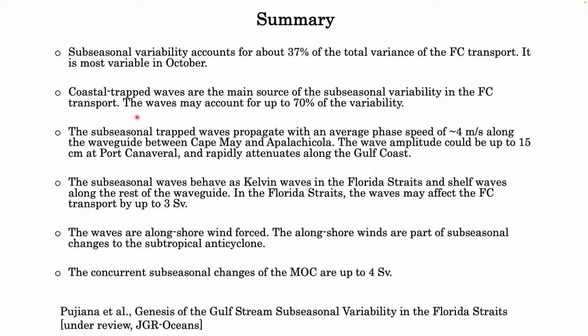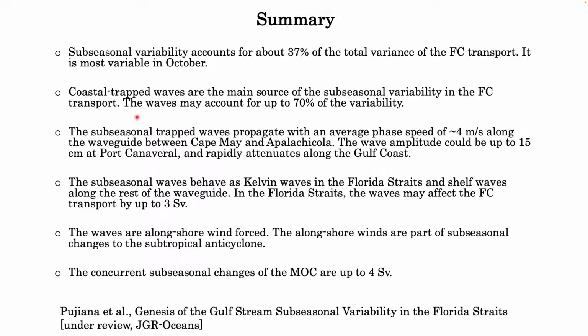So in summary, subseasonal variation is quite robust in the FC transport, accounting for about 37% of the total variance. And it's uniquely most variable in October, and it does correspond with the period when the center of action of the subtropical anticyclone moves.